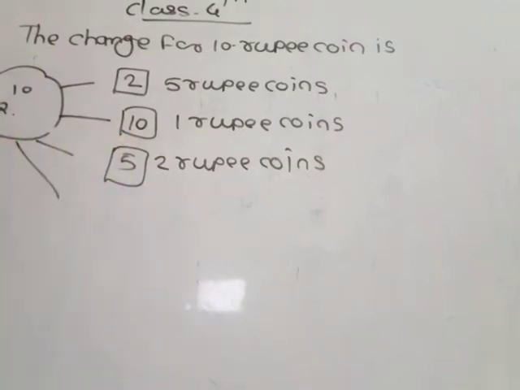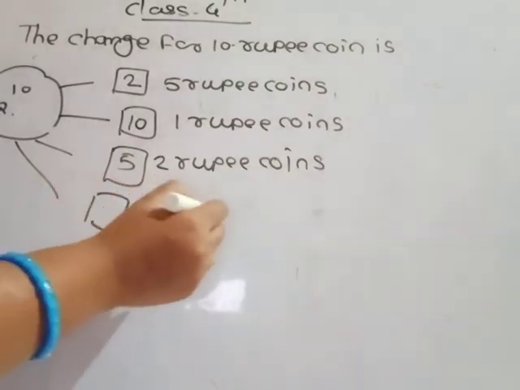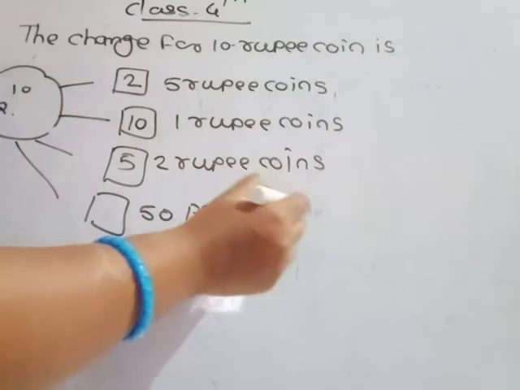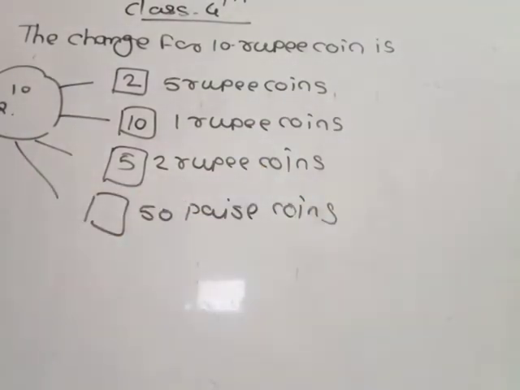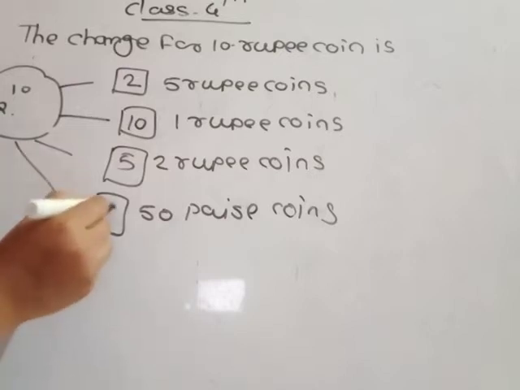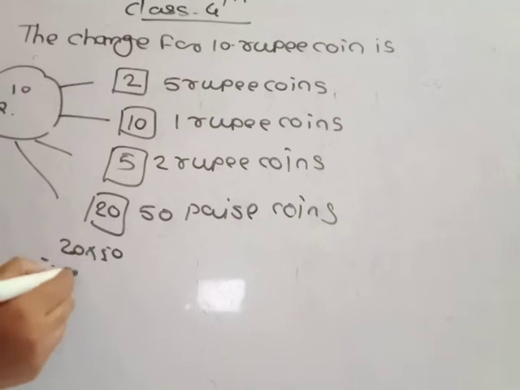Then next one, 50 paise coins. How many 50 paise coins do you take here? 20. 20 into 50, 5 twos are 10.